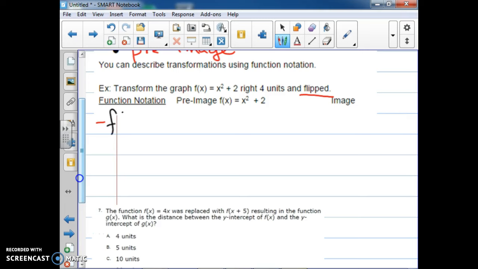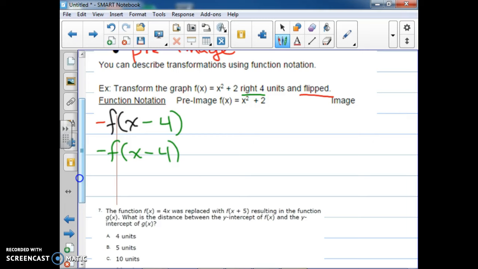Then we have f of x because that's our function. And it says minus 4. It says right 4, so we're going to write minus 4, sorry. Alright, so that would be our function notation. Negative f of x minus 4 close parentheses.